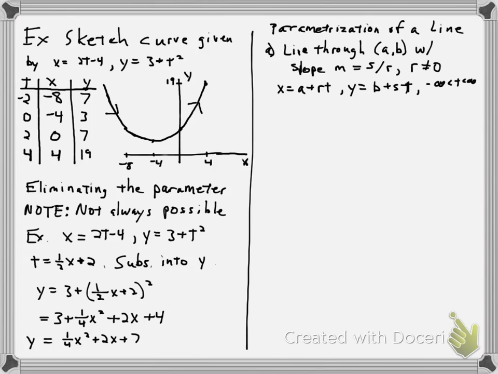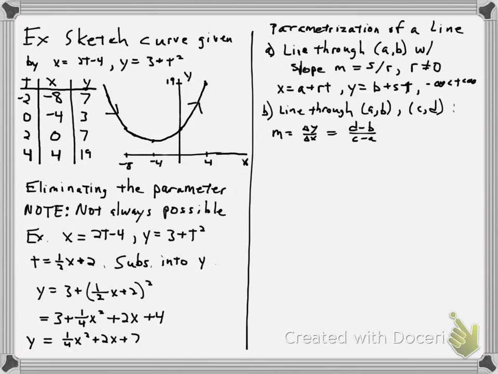And if we're given two points, say we have a line through the points (a, b) and (c, d), what is m? Well, m is of course delta y over delta x, which equals d minus b over c minus a.